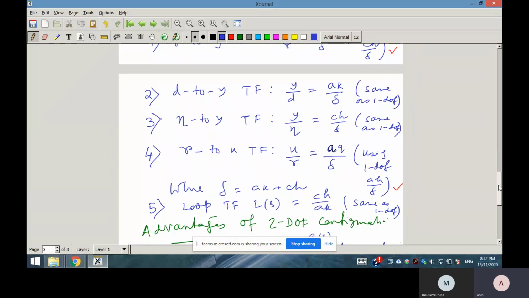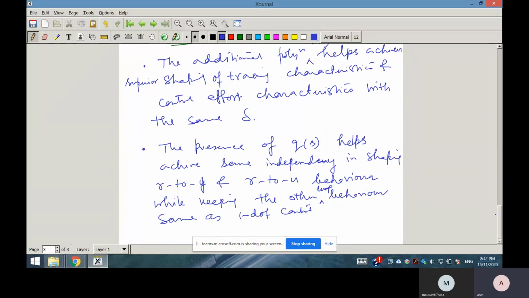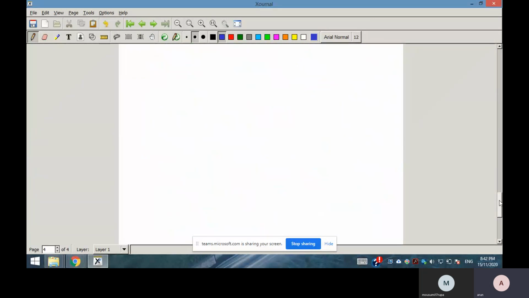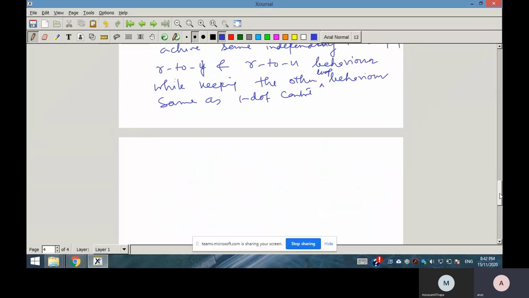So choice of a proper Q is very important. Now, how will you choose QS?